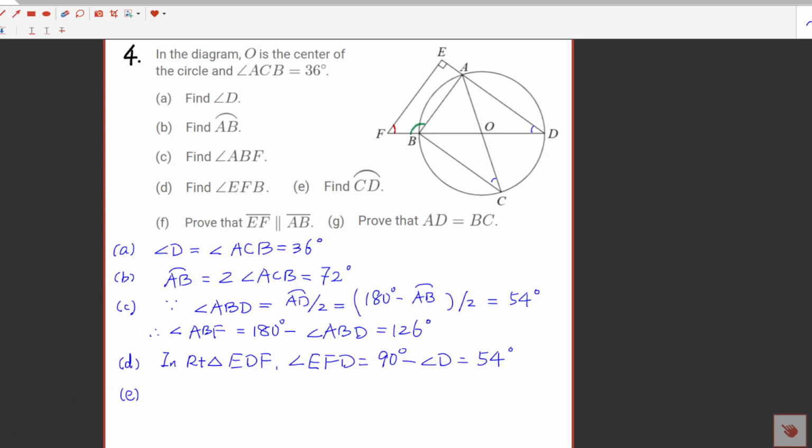Okay, next question E. Find the measure of CD. Arc CD is a minor arc here.